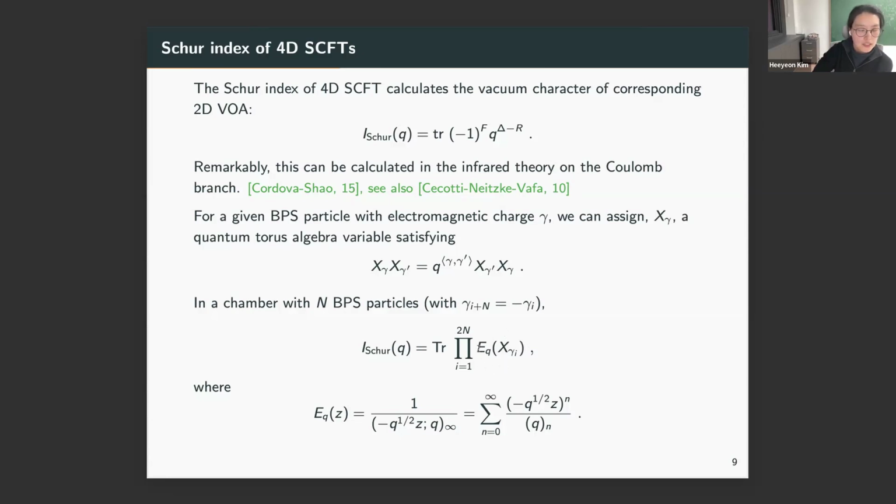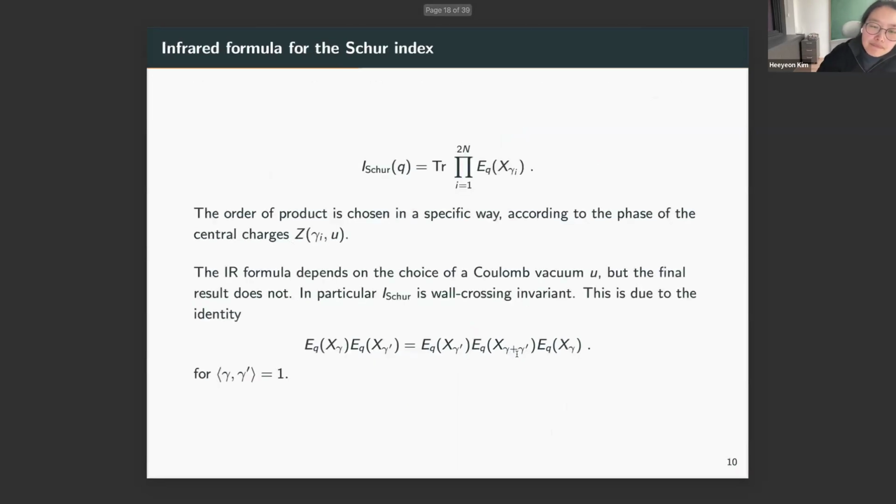This function E sub Q is a Q exponential, which can also be defined as 1 over some Q Pochhammer symbols. And its argument is precisely this quantum torus algebra. And the order of this product has to be chosen in a specific way according to the phase of the central charge of each of the BPS particles.